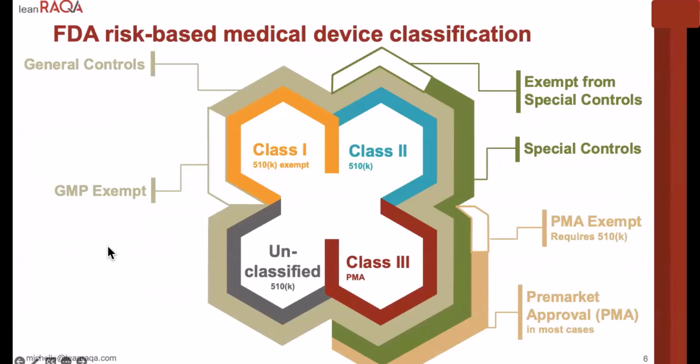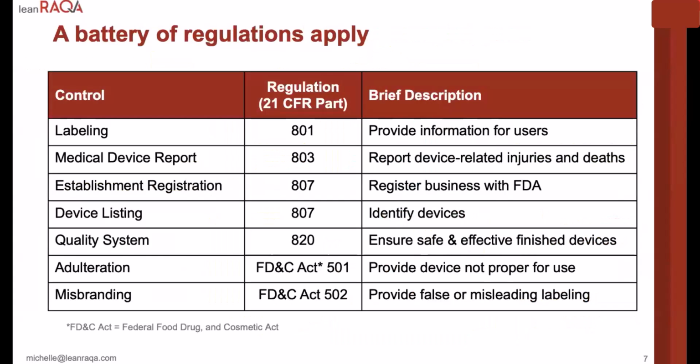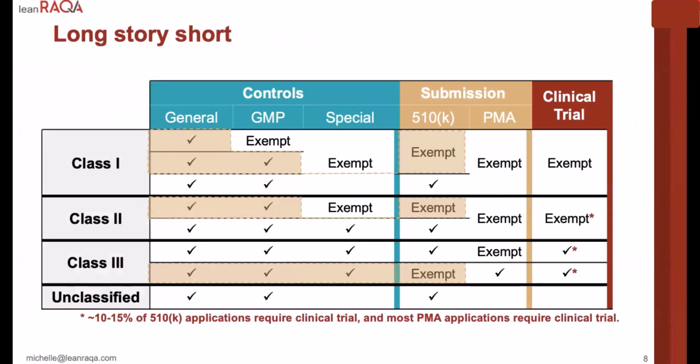So that's just the graphical or pictorial depiction of that, and this is how all of that stacks up, all the iterations. Between that slide and this slide, it's the number one area where I see people new to medical devices and regulatory make incorrect assumptions about what they have to do and don't have to do if they have an exemption, and then they end up getting in trouble.